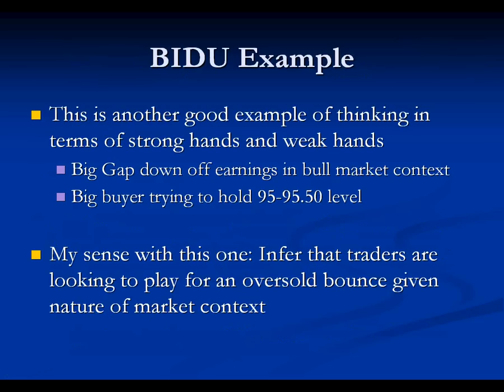This recent move in Baidu that I've been posting on quite a bit. Big gap down off of earnings, solidly in a bull market context. Right there, that has me thinking, once I see it stabilize at the 95 level, I'm looking for a bounce. I bet a lot of other weak-handed traders are looking for a bounce, because you think that big gap down, that big run down right off the open, now you're in a situation where you've got a sort of long-term support level.